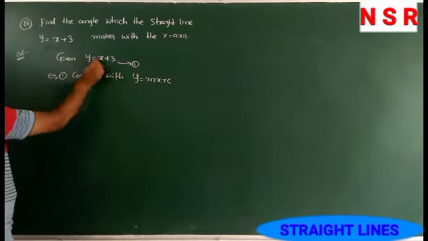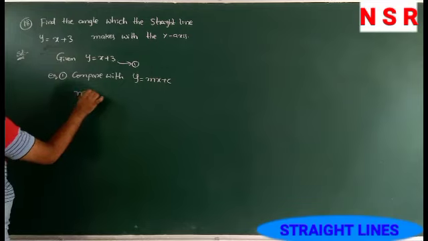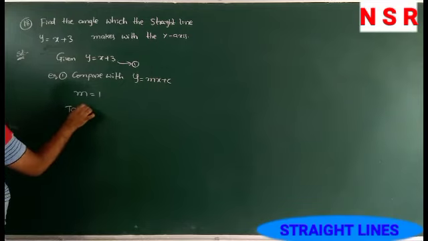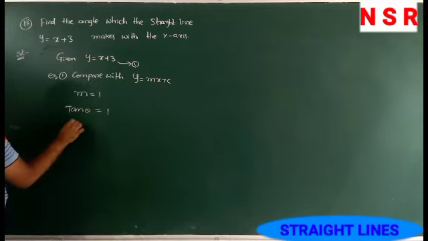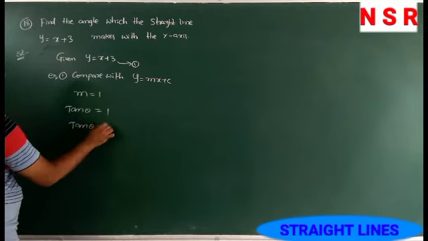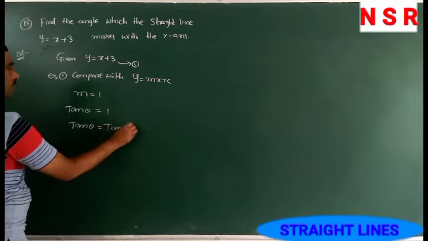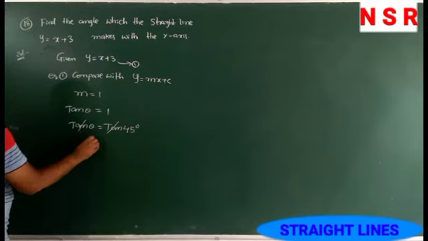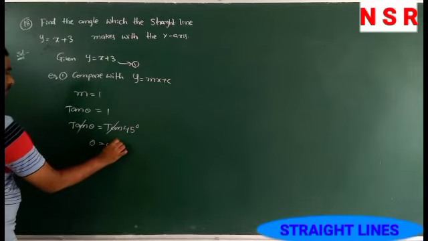Here the x coefficient is 1, so m equal to 1. So m equal to tan theta equal to 1. In tan we get 1 at 45 degrees, tan 45 degrees. Now theta is equal to 45 degrees.